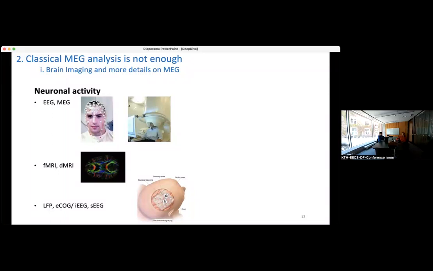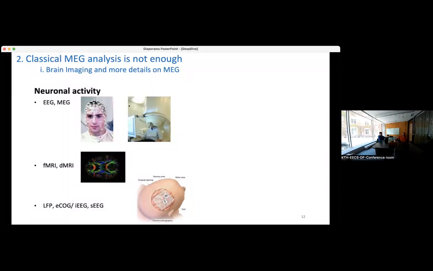You can have a millisecond resolution, even a bit lower, and fMRI is more on the order of the second, and LFP is also on the millisecond. Even LFPs have a very good time resolution.